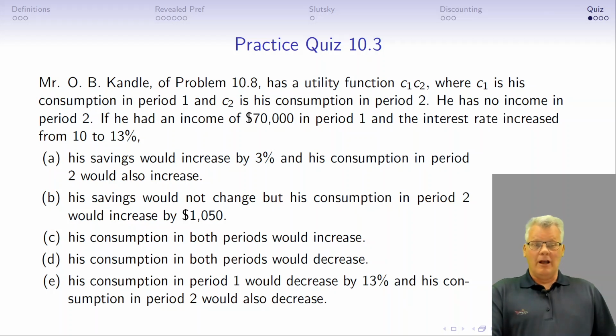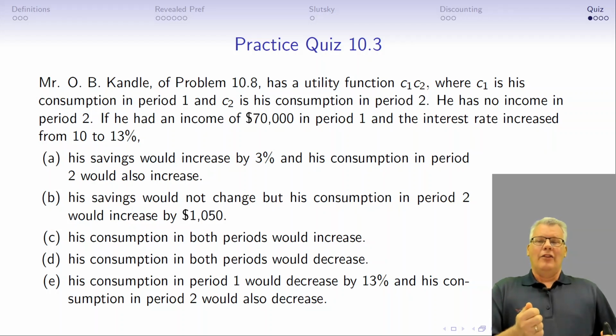Since there's no income in time period 2, raising the interest rate does not affect the present value of his income stream. So he continues to have $70,000 of income. He will spend half of it on period 1 consumption. That's 35 grand. He will save $35,000, invest it, and then the principal plus the interest is what funds his time period 2 consumption.